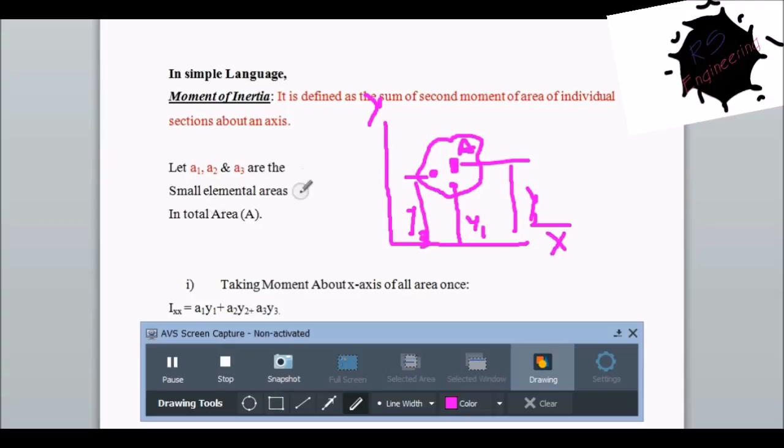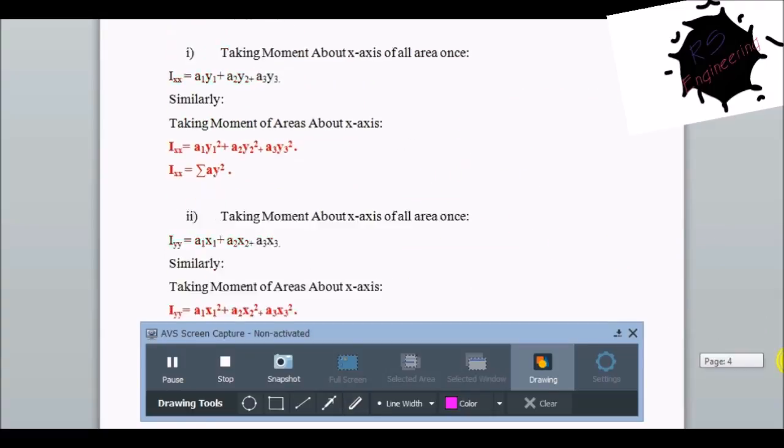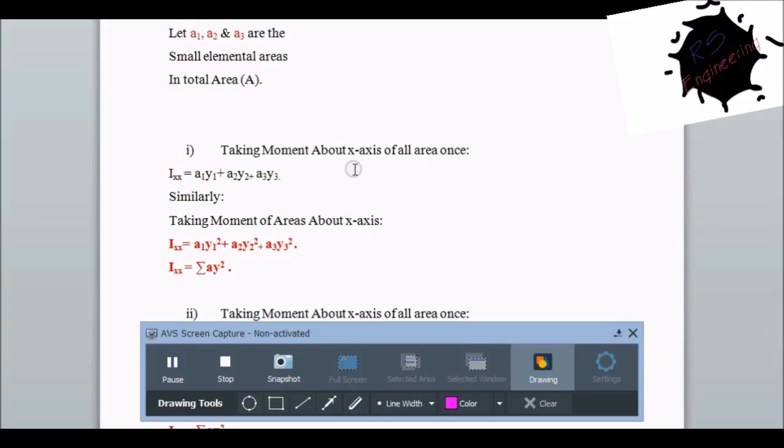Now let us take a1, a2 and a3 as the small elemental areas of the total area A. This is the total area A, and these 1, 2, 3 are the a1, a2, a3 which we had taken. Now we take the moment about the x axis of all these areas. In the previous lecture we saw what a moment is.